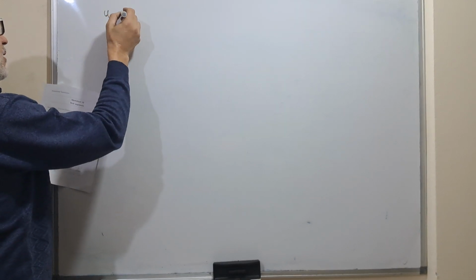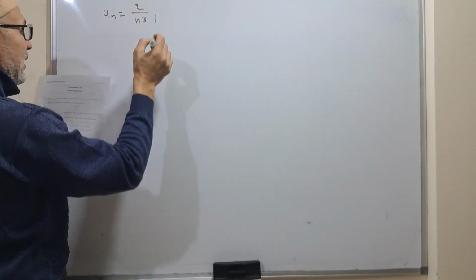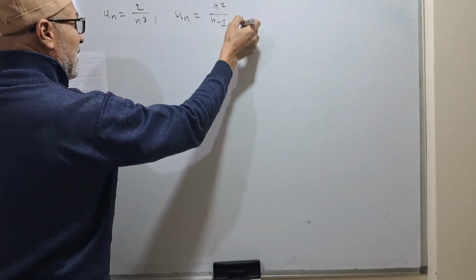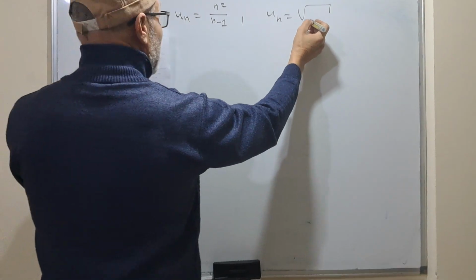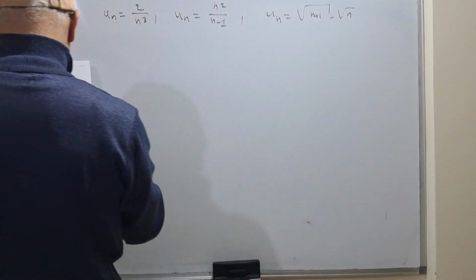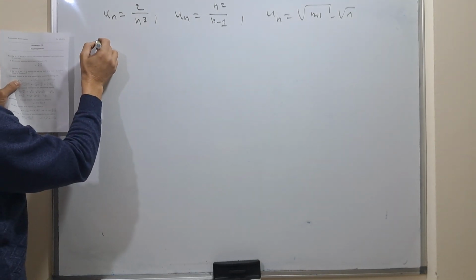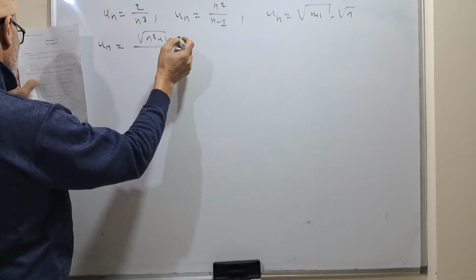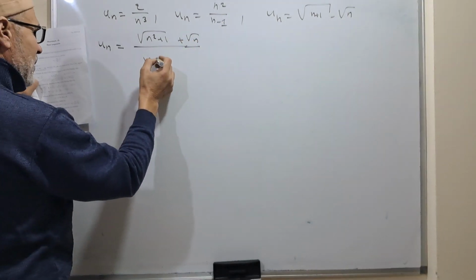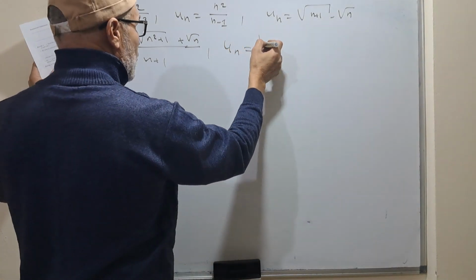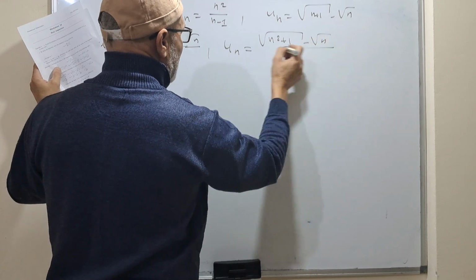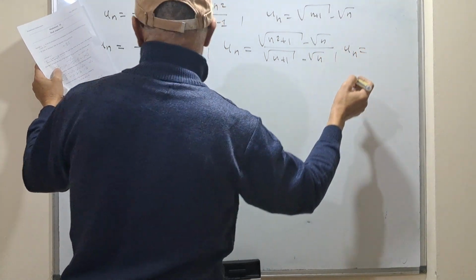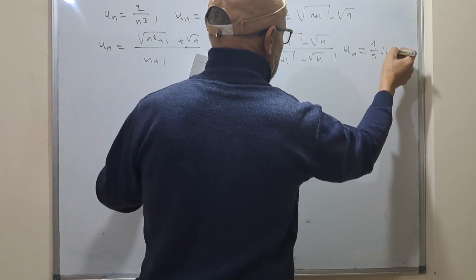The limit of un equal to 2 over n power 3, un equal to n square over n minus 1, un equal to the square root of n plus 1 minus the square root of n, un equal to the square root of n squared plus 1 plus the square root of n over n plus 1, un equal to the square root of n squared plus 1 minus the square root of n over the square root of n plus 1 minus the square root of n, and finally un equal to 1 over n sine 1 over n.